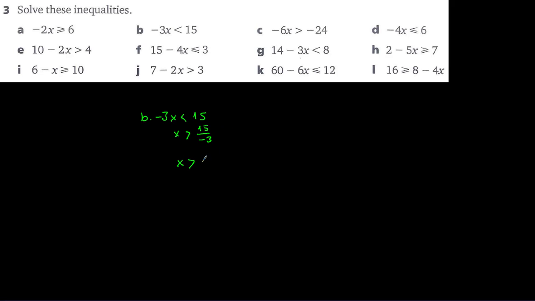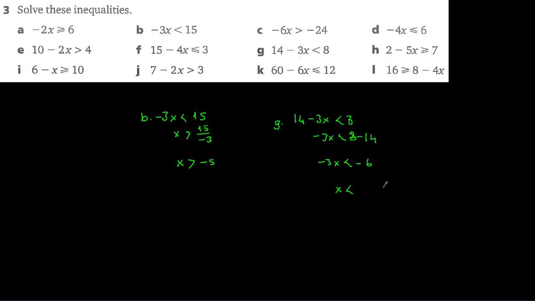x is greater than minus 5, or here 14 minus 3x if it is less than 8, which is g. Minus 3x is less than 8 minus 14. I'm sorry, minus 3x is less than 8 minus 14, which is minus 6.